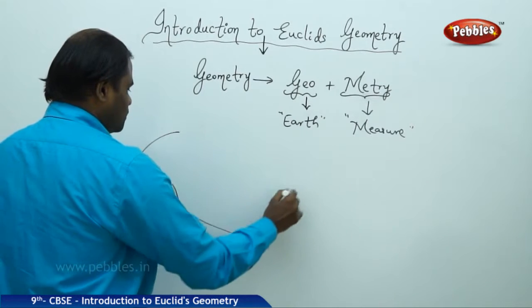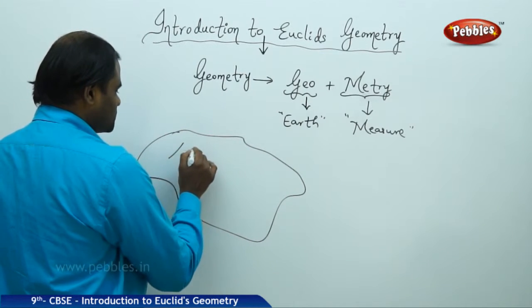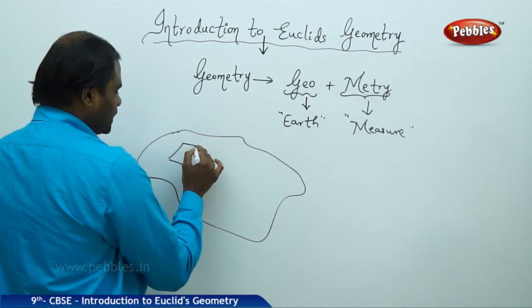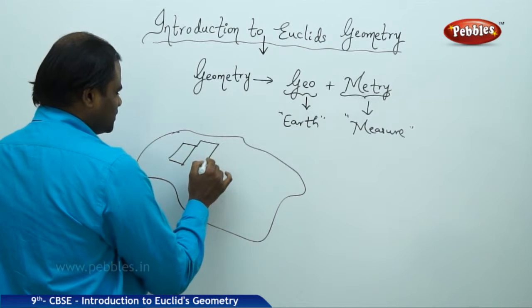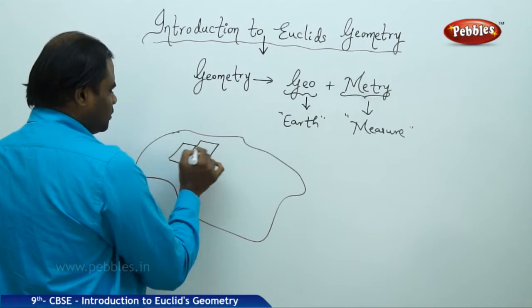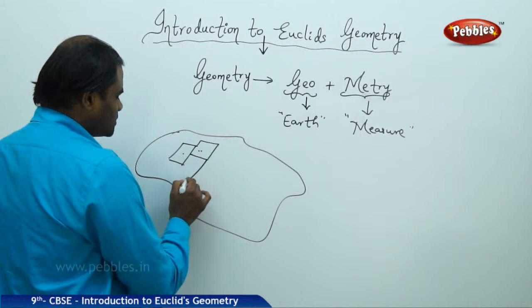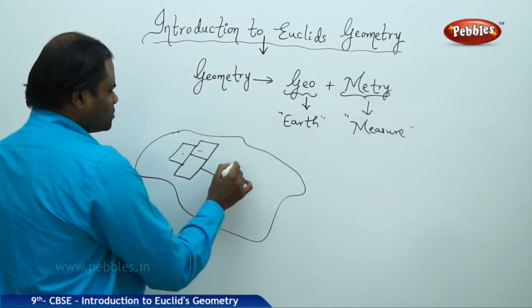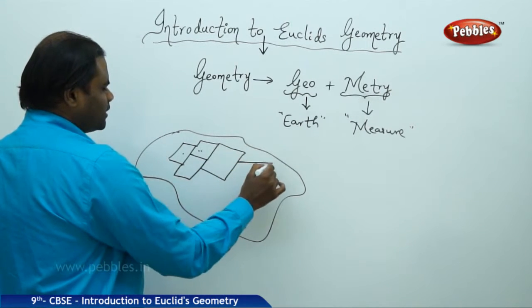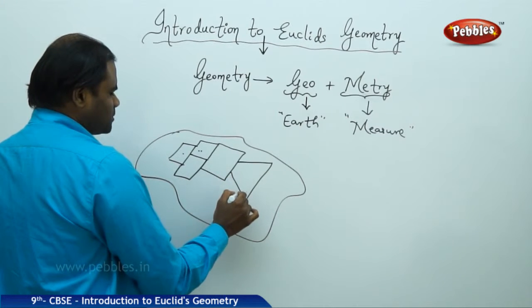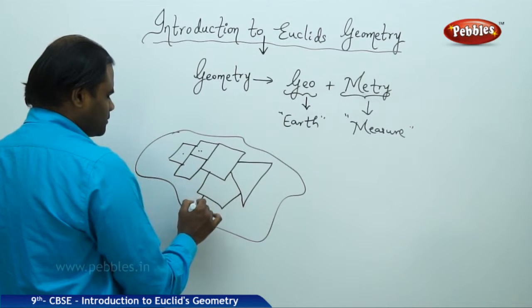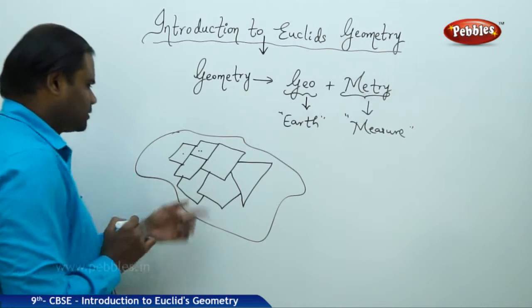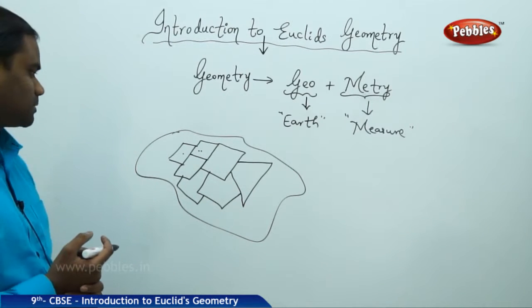Every land was divided into different farms, connected with the farm of the other farmer. So they had many irregular shapes through which the farmers had their farms.